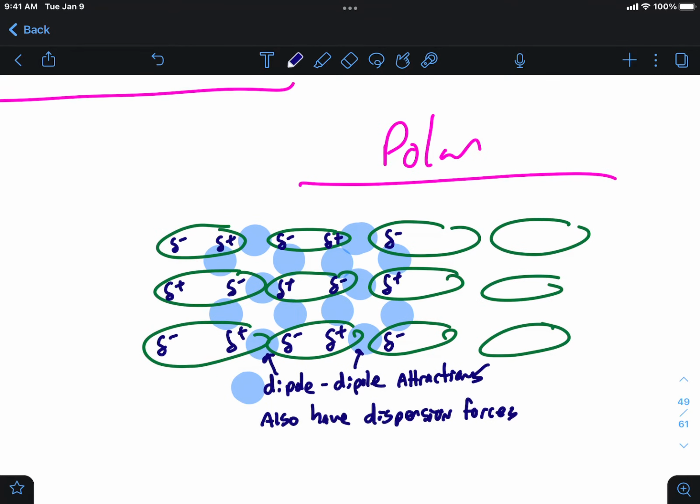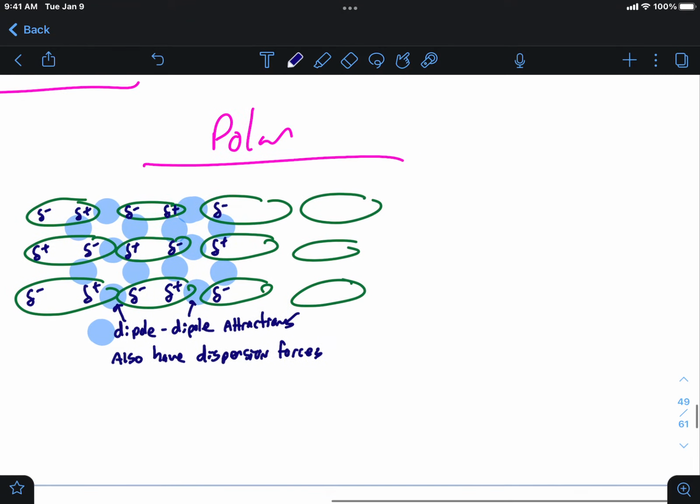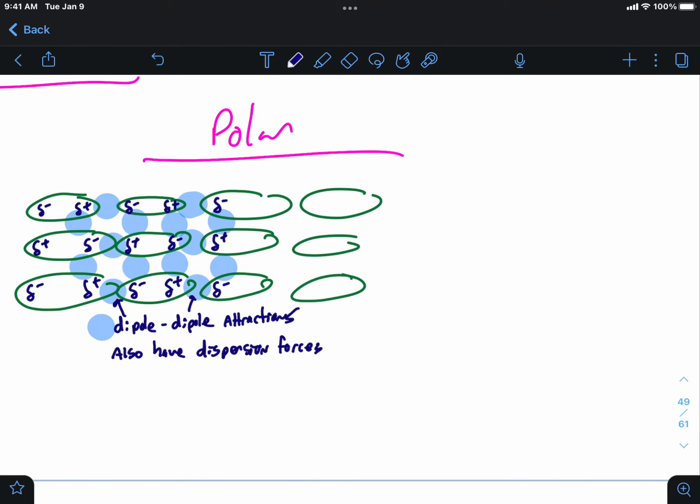Now, there's another type of polar attraction, but it's highly specified. And hydrogen bonding looks a lot like these polar molecular solids.